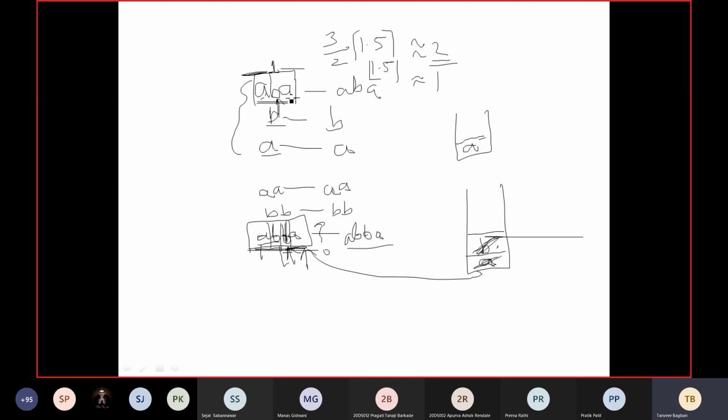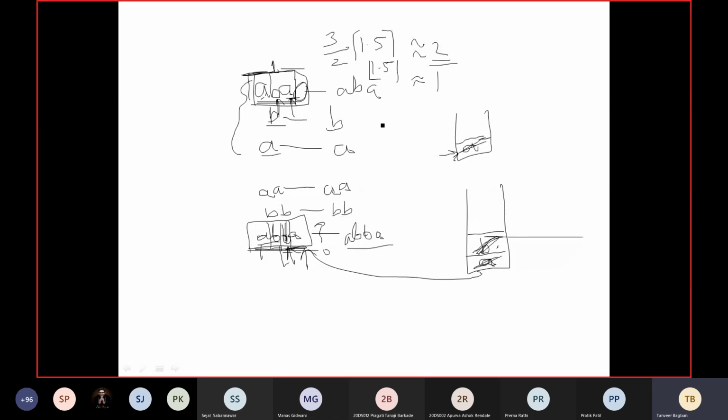Now when you read a character from the second half, you compare it with the top of the stack. This is also A, and the top of the stack is also A. When a match is found, delete the top character from the stack. Now when nothing remains to be read and the stack is empty, the given string is an odd length palindrome.